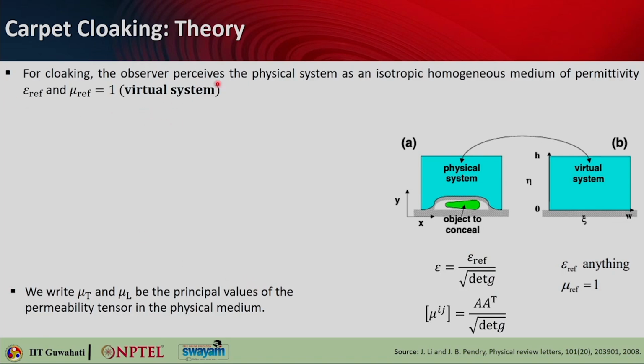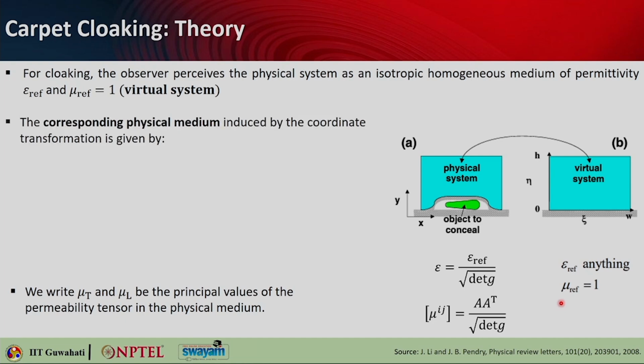So, what happens in this case? For cloaking, the observer perceives the physical system as an isotropic homogeneous medium of permittivity epsilon_ref, which can be any value, and mu_ref is basically 1. So, here you are keeping the permeability to be 1 and the permittivity can be anything, and that makes the system more realizable, because you are able to change the values of permittivity easily as compared to permeability in metamaterials.